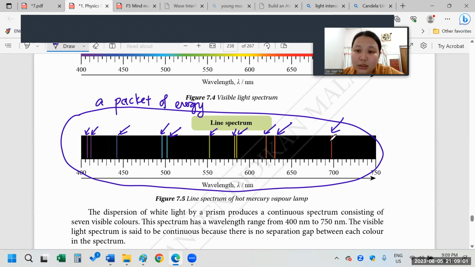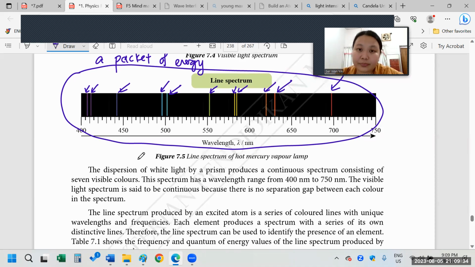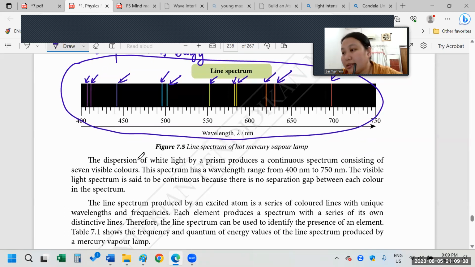Now, like this packet. So what is the function of this energy packet, the line spectrum? We can use it to determine the element inside a substance without destroying it. Like when you carry out chemistry experiments, normally you need to cut the sample, put in some solution, mix it, then you see the color change and say, oh, I know this is something.